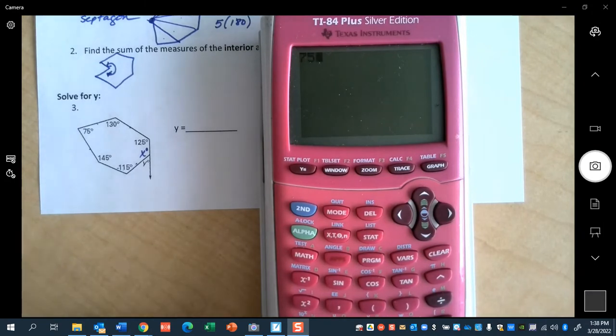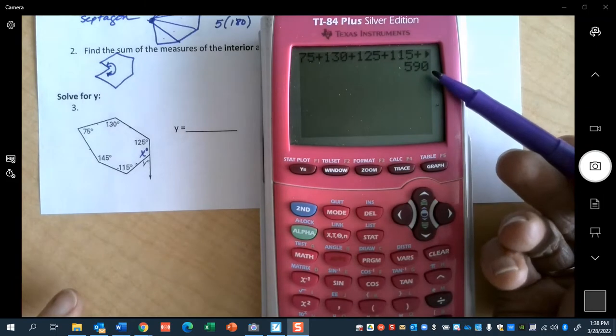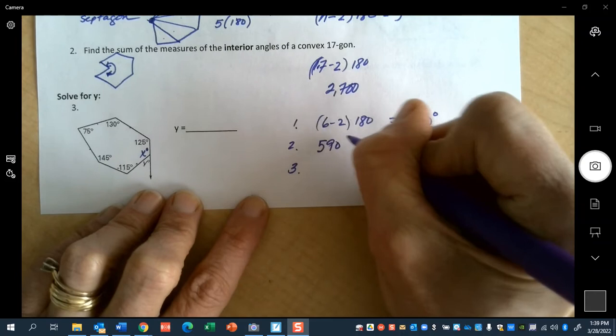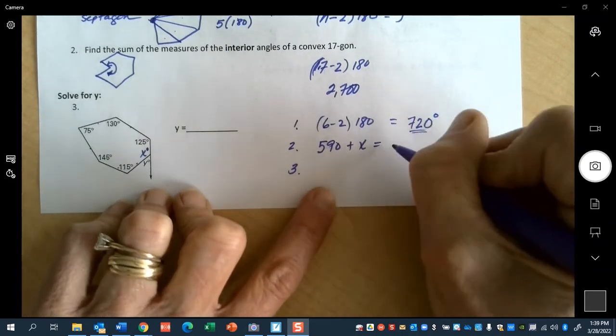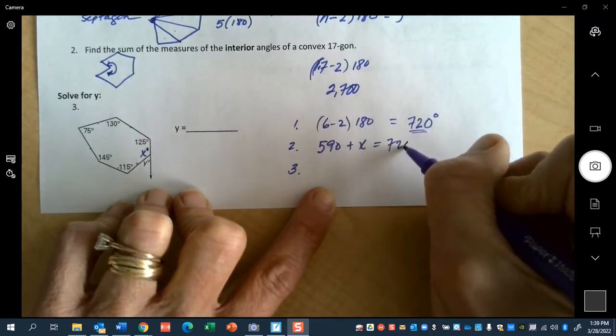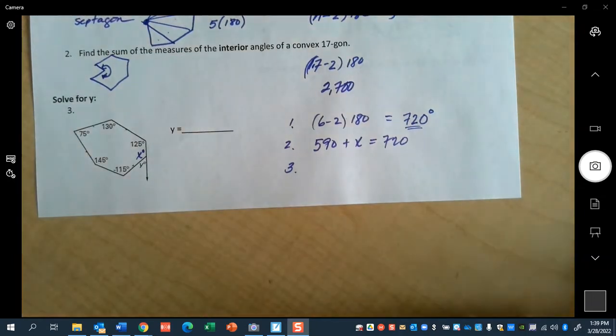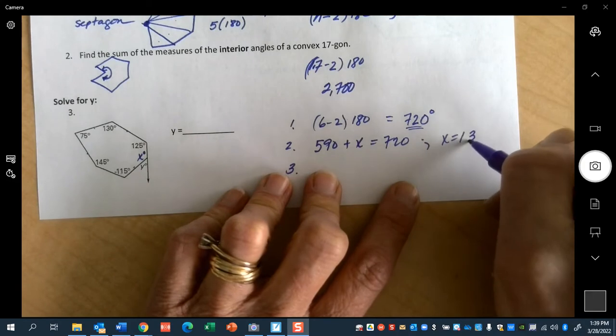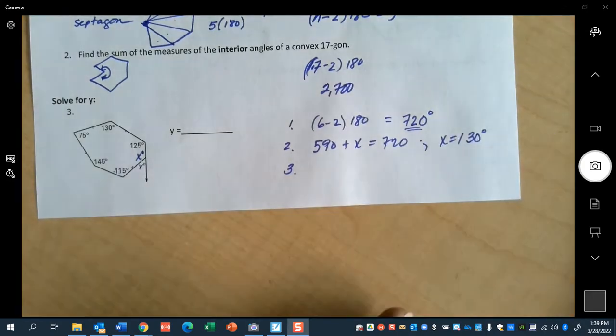So 75 plus 130 plus 125 plus 115 plus 145. I have a total of 590 degrees. So I know that 590 plus X is going to be equal to that 720. So 720 minus 590 is going to be 130 degrees.